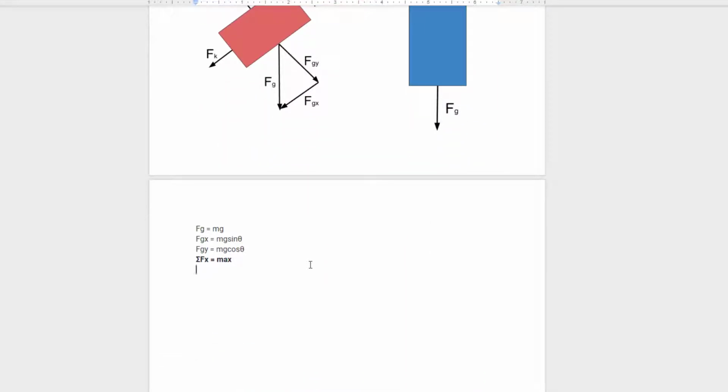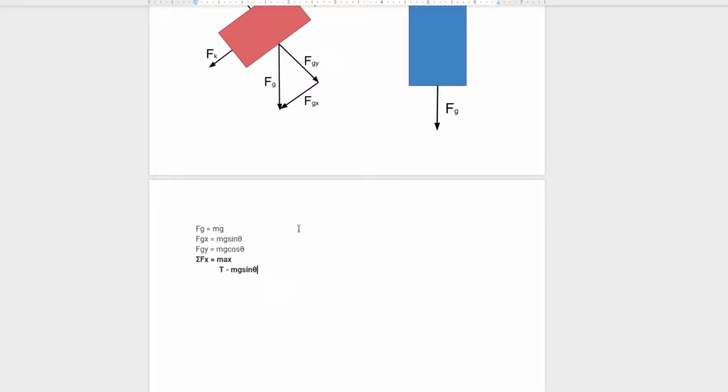So tension minus mg sine of theta, the x gravity component, minus kinetic friction, which we don't know yet, but we can substitute in later. So f of k equals max. Alright, so we're going to make sure we remember this for later.